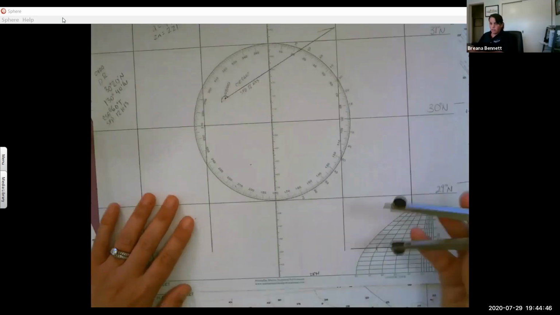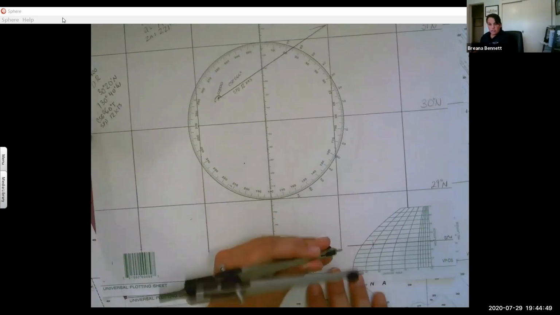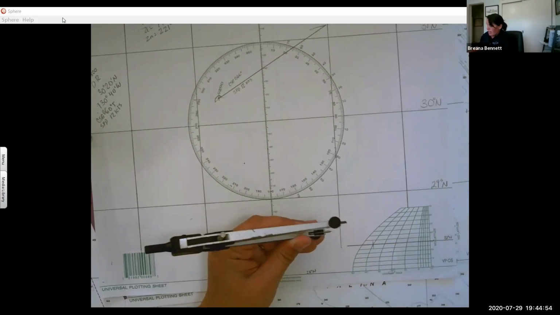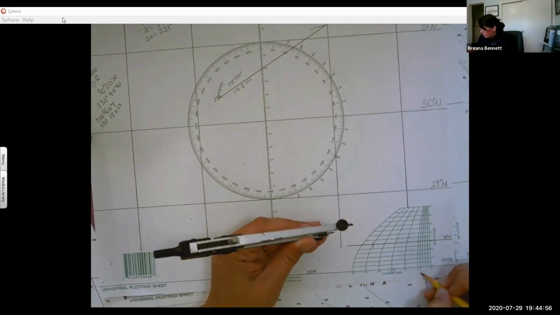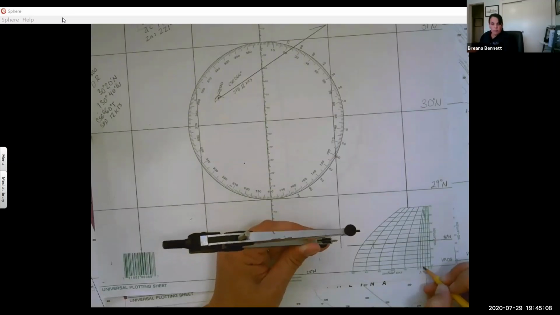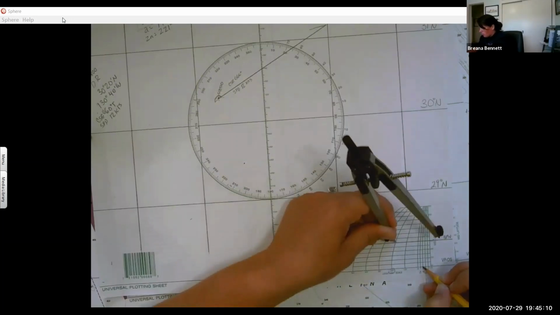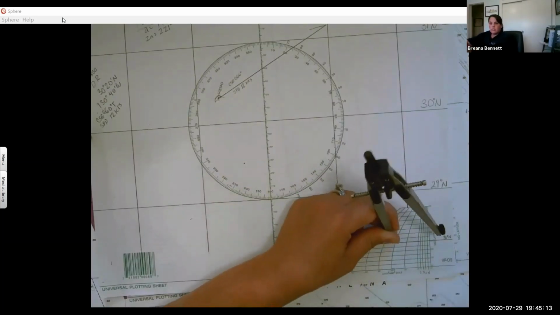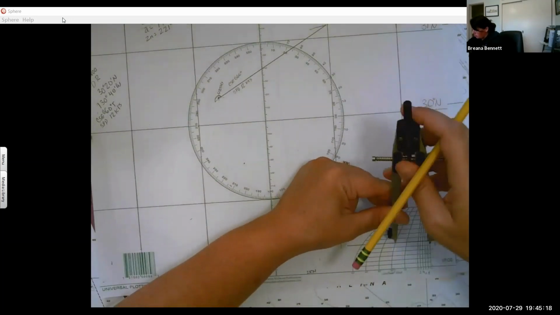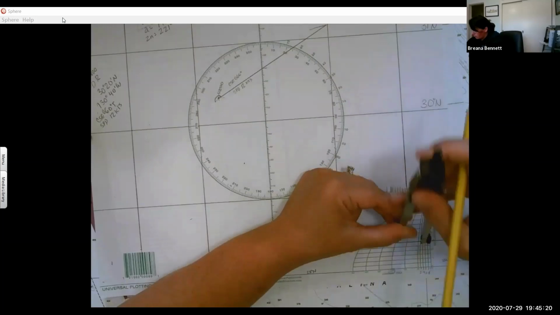So I am going to use my longitude scale. So this is my 20, and this is 2, 4, 6, 8, 10. So I'm going to be in between the 2 and the 4, finding my 23.3. So I'm at 20. See if you can see it here. Bring it down. 22.